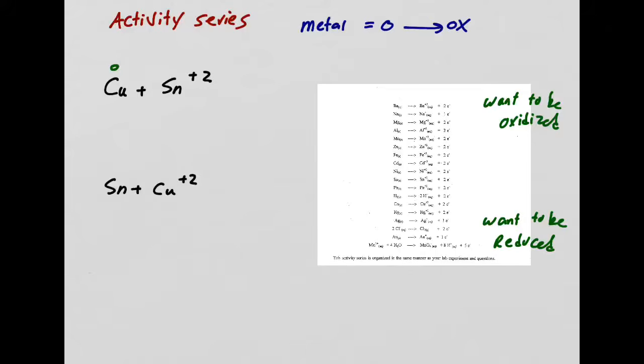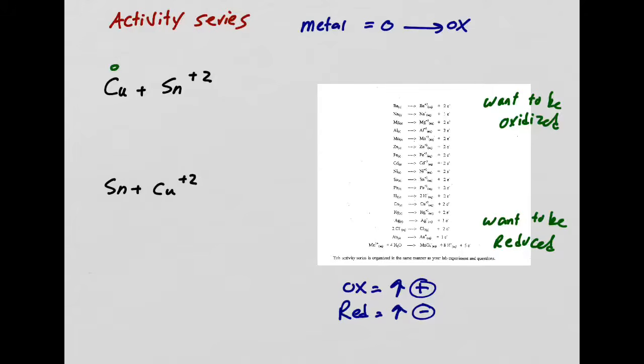When you become more positive, that is oxidation. Reduction is when you become more negative. So if a metal has a charge of 0, it becomes positive. It becomes a cation because metals lose electrons. So that becomes oxidized, because in oxidation you become more positive.